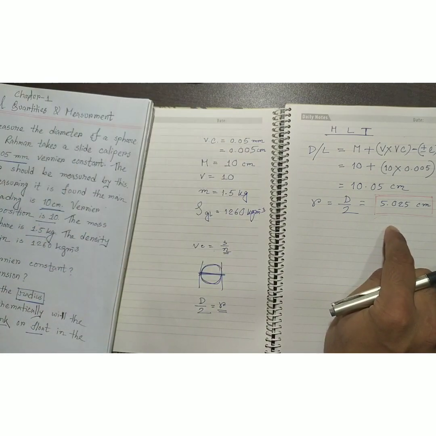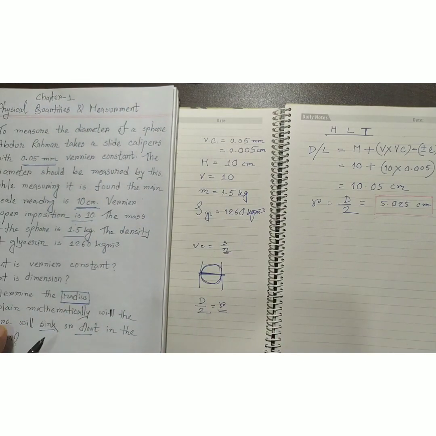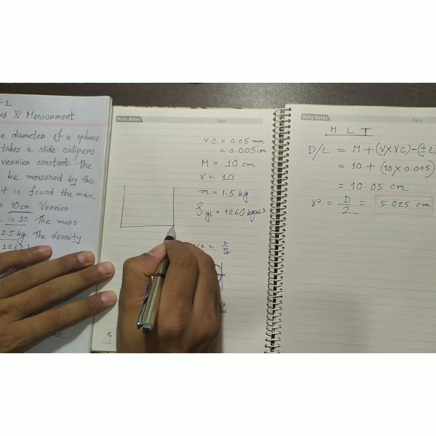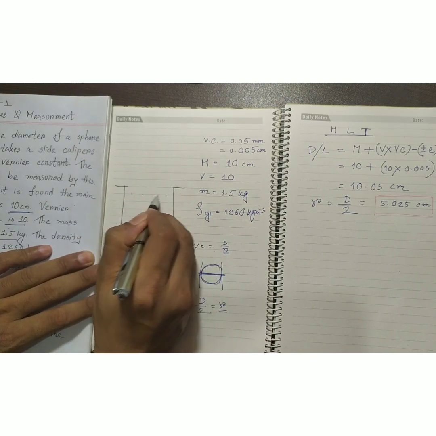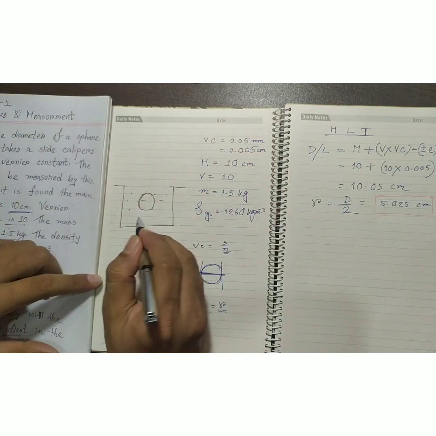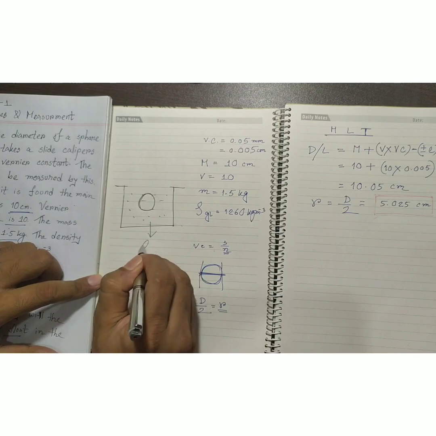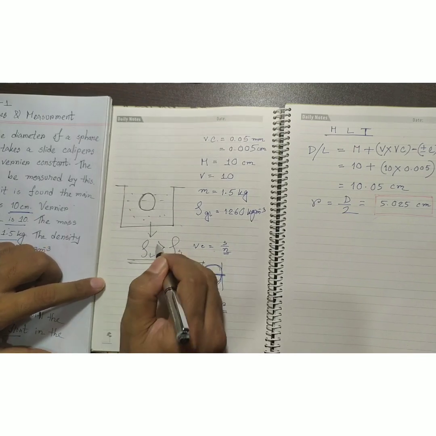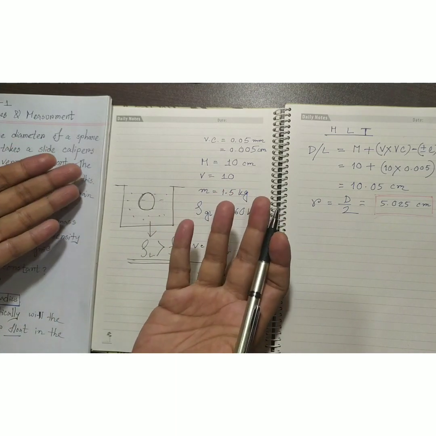And the last question is, explain mathematically whether it will sink or float in the glycerin. If a sphere is immersed in a liquid, will it sink or will it float? It depends on the density. If the liquid density is greater than the sphere density, then the sphere will float.